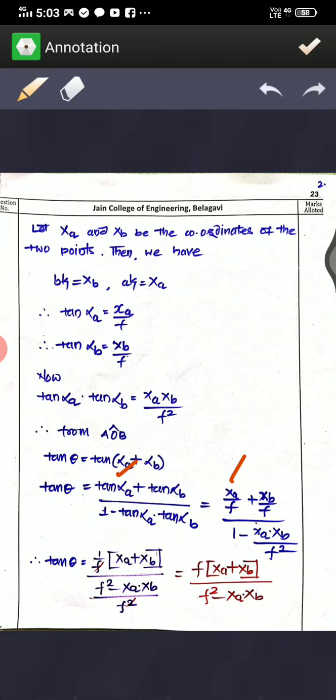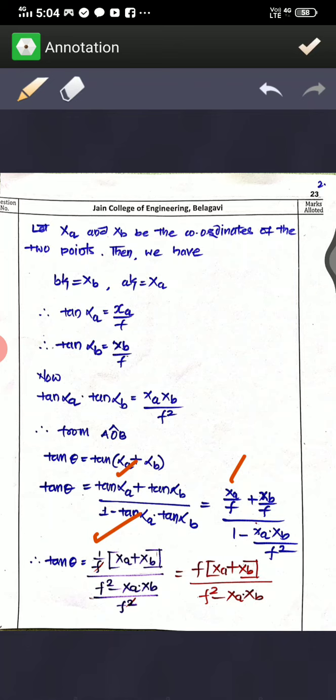I have shown you here that tan theta is equal to 1 by f into xa plus xb divided by f square minus xa into xb divided by f square. That is, the denominator will be f square minus xa xb divided by f square.